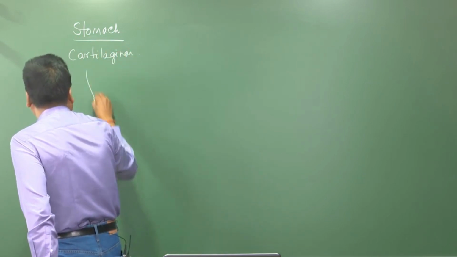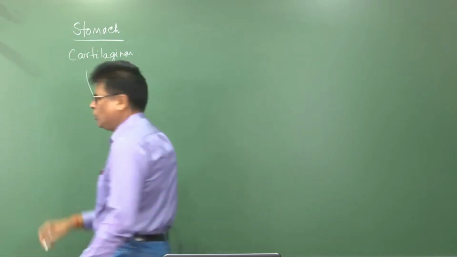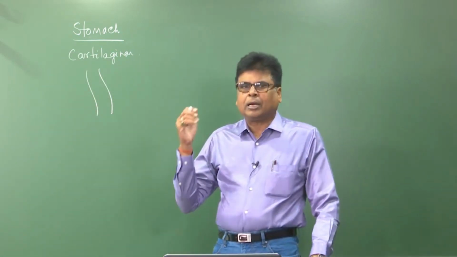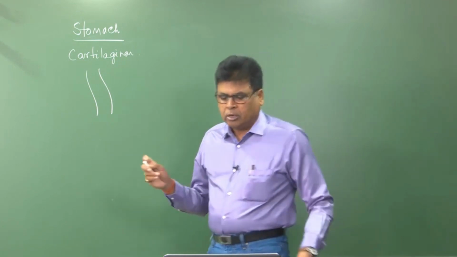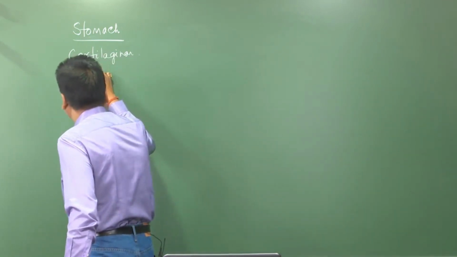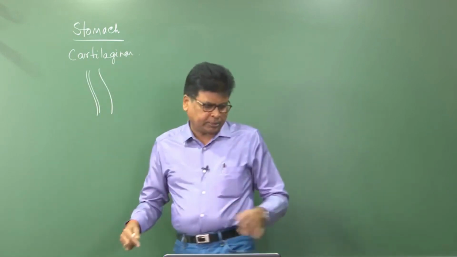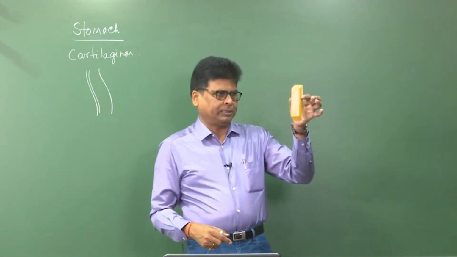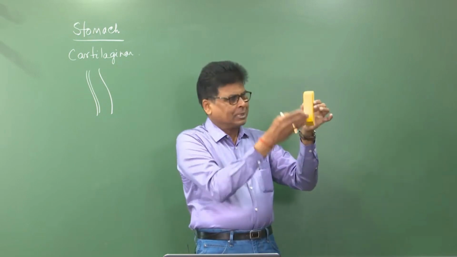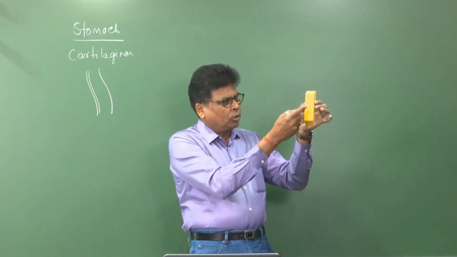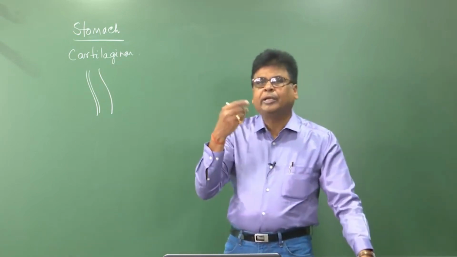For example, this part is the oesophagus. The muscular longitudinal folds of the oesophagus, for example, this is the oesophagus, and I just cut it in half. You just imagine this is a cylinder, for example the oesophagus, and I simply cut it longitudinally so that I am able to show you the internal structure.